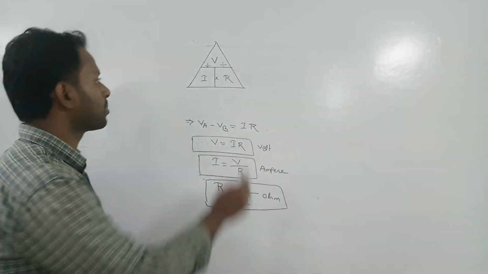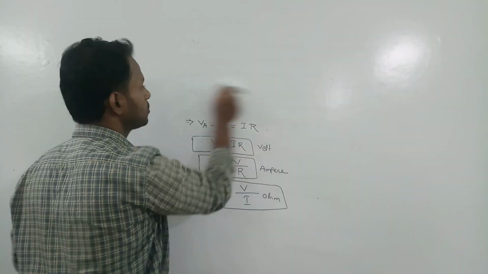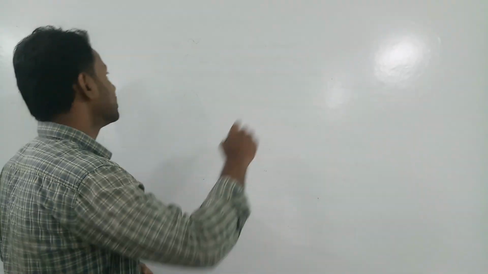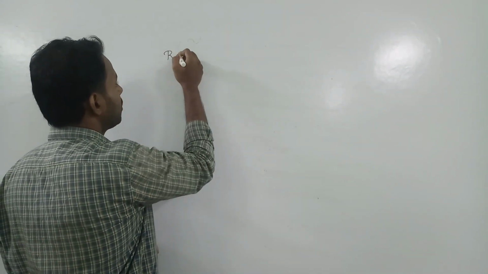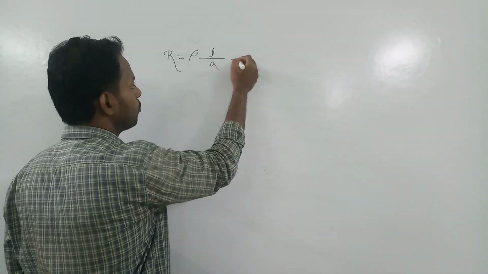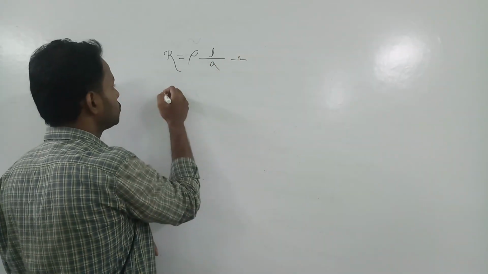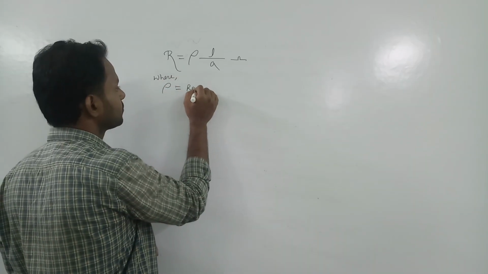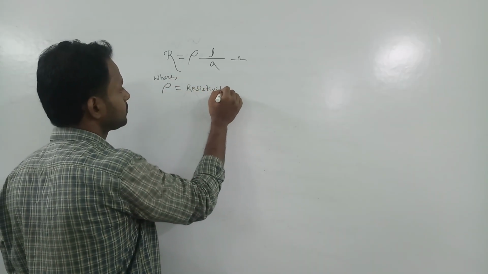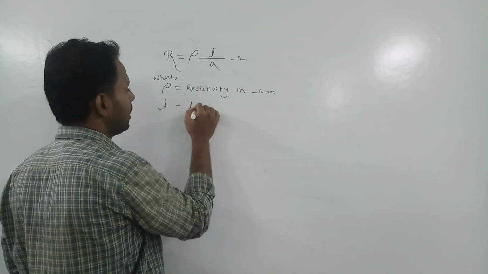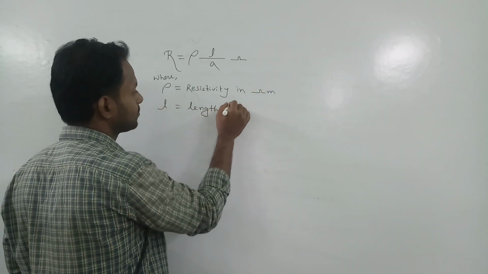Next we see how resistance depends, or simply, what resistance depends on. We know the formula of resistance, R equals rho L by A, and the unit is ohm. What does rho mean? Rho is resistivity in ohm meter. L equals the length of the conductor.